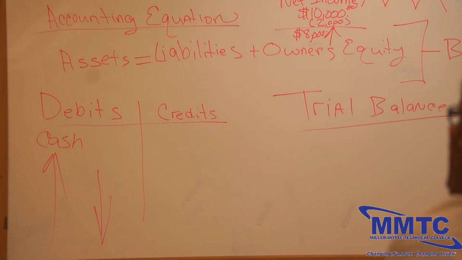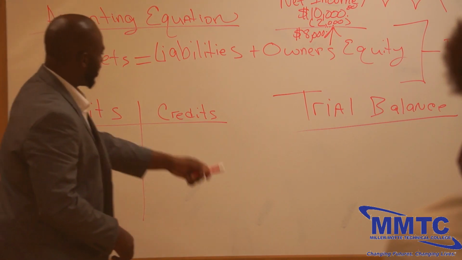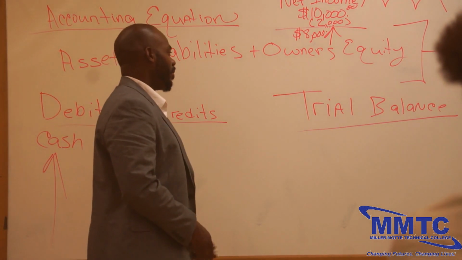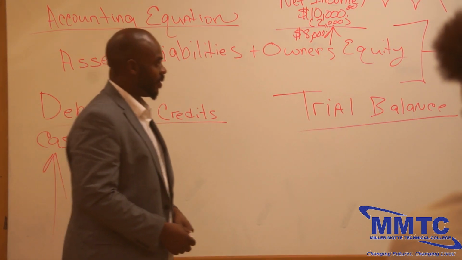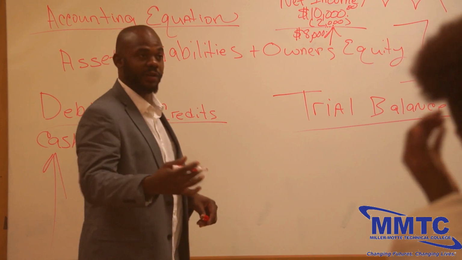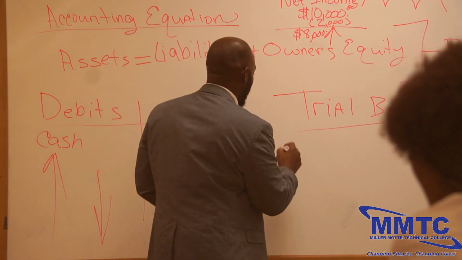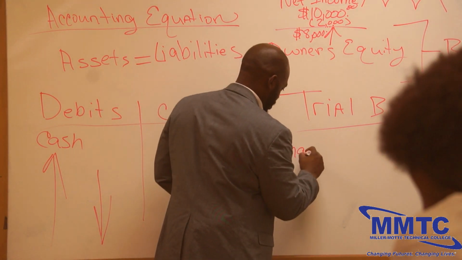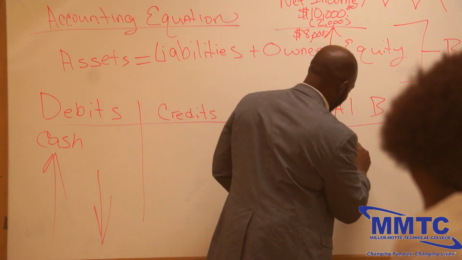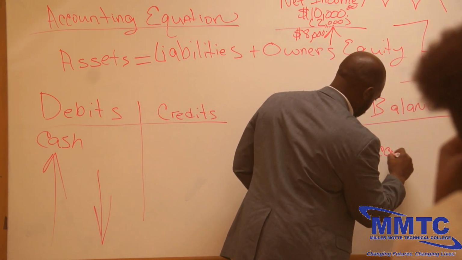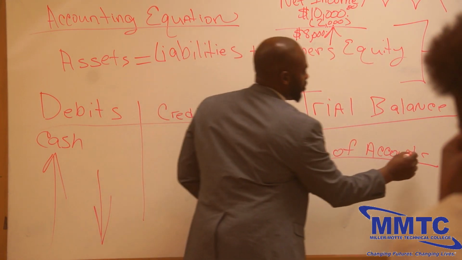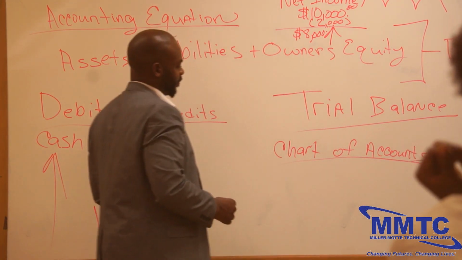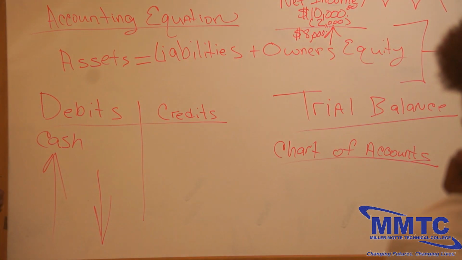Assets, liabilities, owner's equity, debits and credits. Now we're going into statements. Trial balance. We have something else that you will read about in your chapter called the chart of accounts.